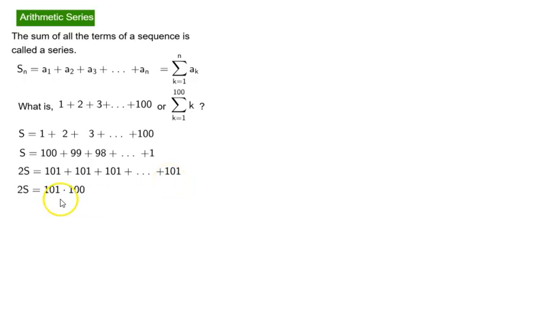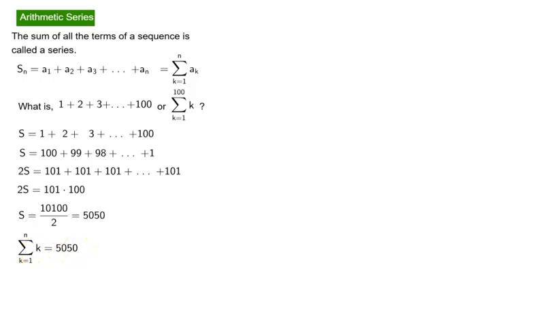So we can write it as 2S is equal to 101 times 100. And 2 we can bring to this side so that we get 101 times 100 by 2, which is equal to 5050. So here we can write it like this. Summation as k goes from 1 to n of k is equal to 5050.